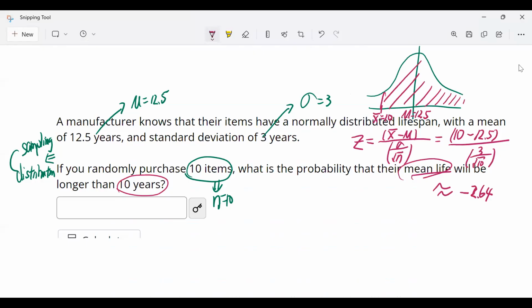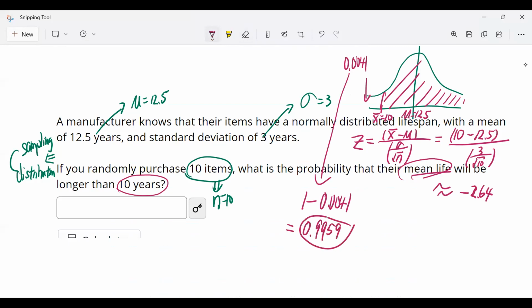That's the area on the left. Do 1 minus 0.0041, that's 0.9959. So that's going to be the answer, 0.9959. Okay.